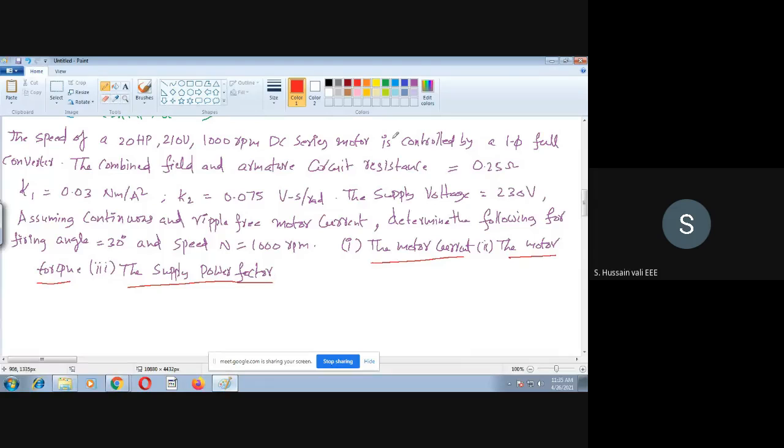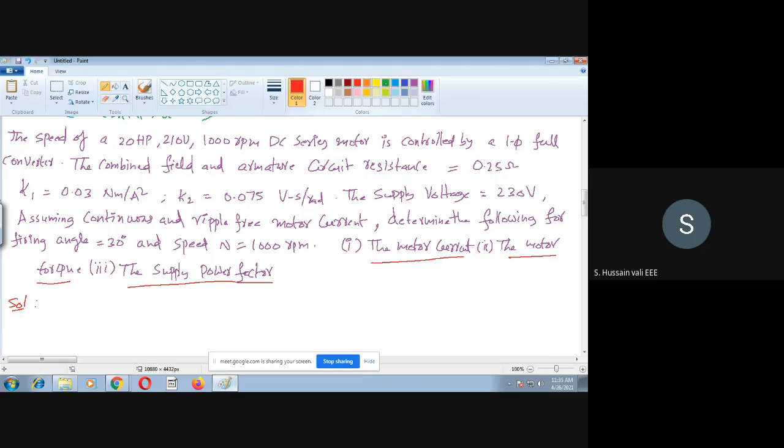We'll follow the same procedure. First of all, where can I find the motor current? First of all, IA, so we need some equation for IA. I will write here the equation for IA that we got in the case of the motor.